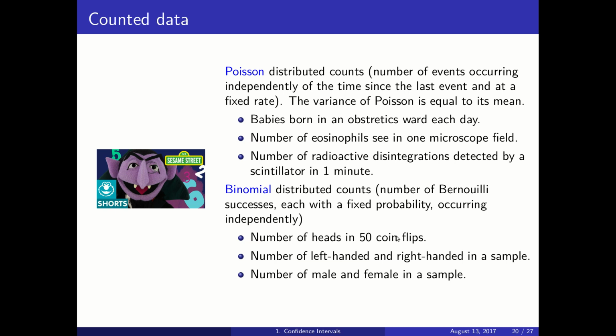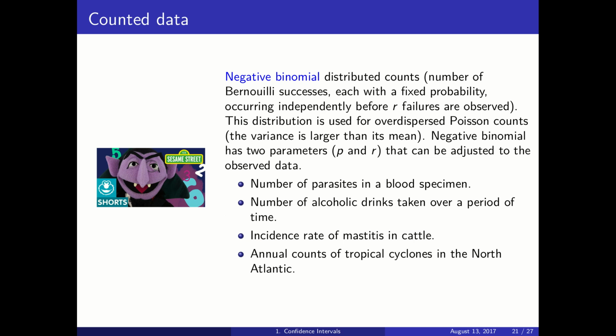So you have only one parameter. The negative binomial has two parameters that you can adjust to explain the data. The negative binomial is the count of the number of Bernoulli successes occurring independently before R failures are observed.